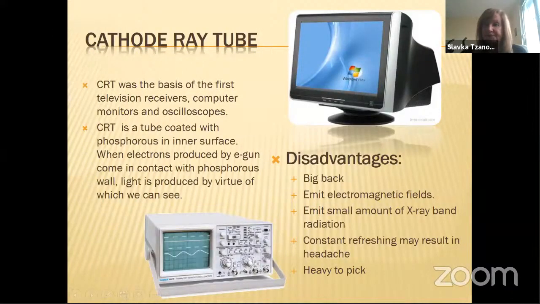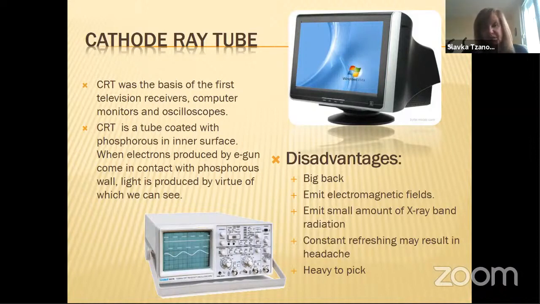The first, we started with the cathode ray tube. When I was a child, I watched TV on this screen, so-called CRT.